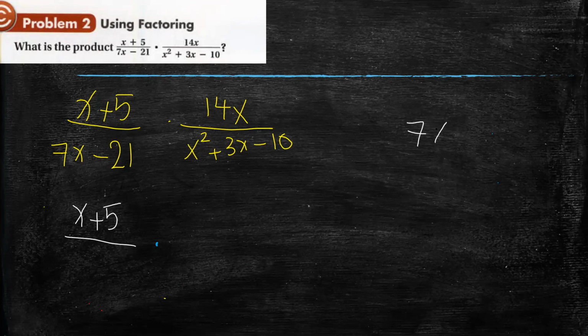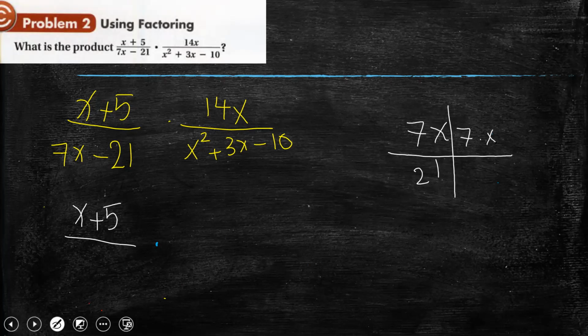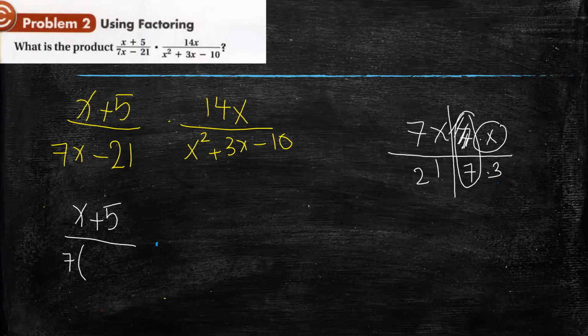Let's write 7x here and 21 here. 7x means 7 times x, and 21 means 7 times 3. Then what is the common factor here? 7. So put 7. If you remove 7, what do you have now? x minus, if you remove 7 from here, what do you have now? 3.